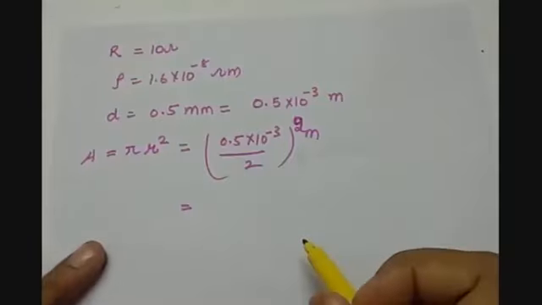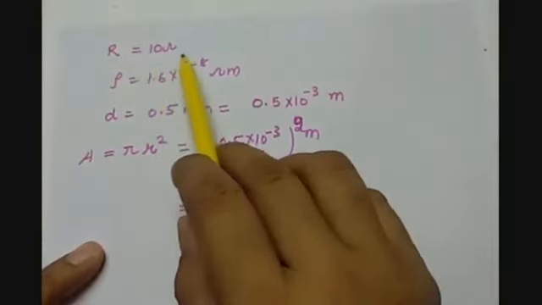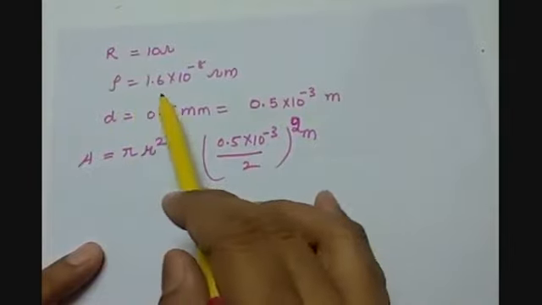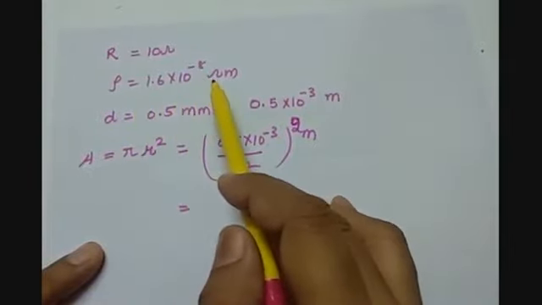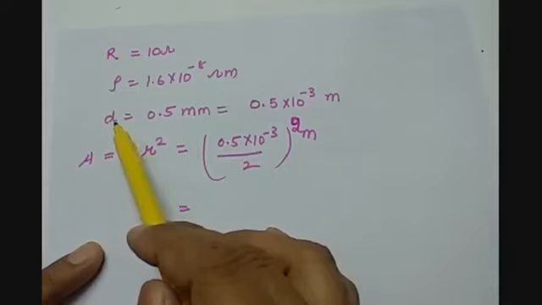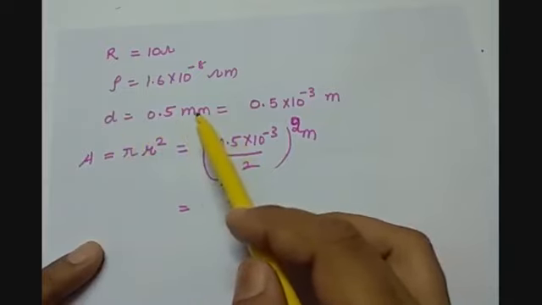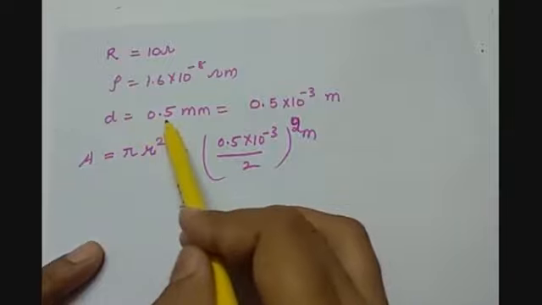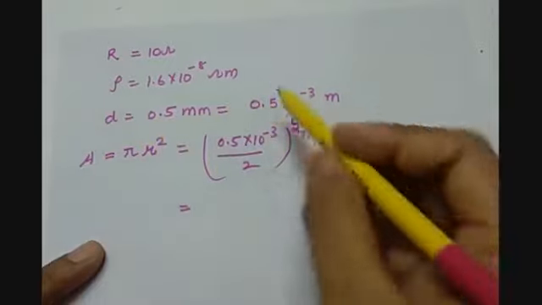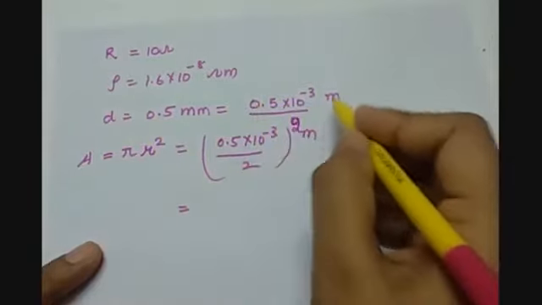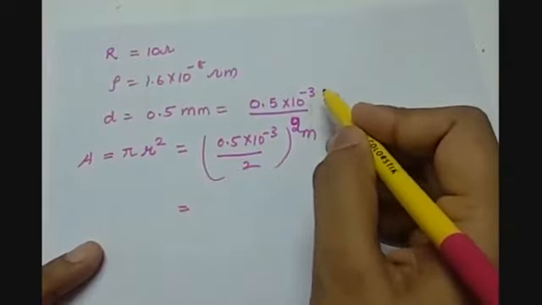So, we have been given resistance 10 ohm, resistivity as 1.6 into 10 raised to power minus 8 ohm meter, and diameter is given in millimeters, so we have to convert it into meters. 0.5 millimeter, when we convert it into meter, we multiply it with 10 raised to power minus 3.